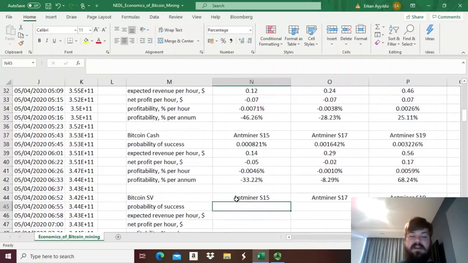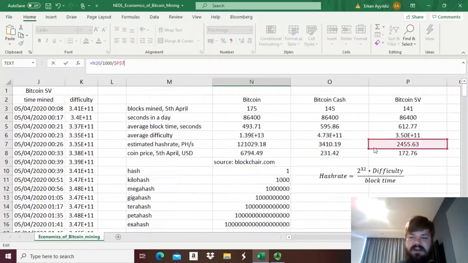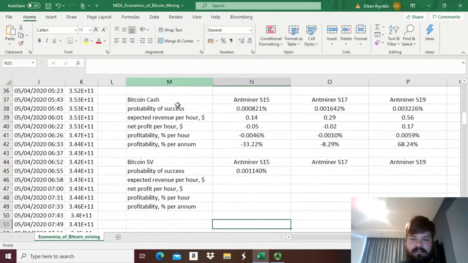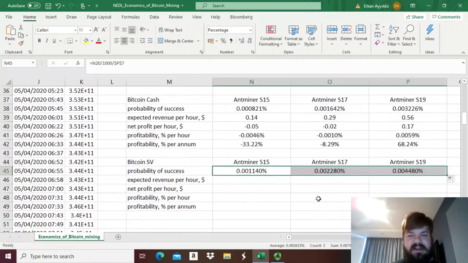Now, we can do the same for Bitcoin SV. Copy this formula, paste it here, but change the respective hash rate, drag it, and get even higher probabilities of success corresponding to a lower hash rate.